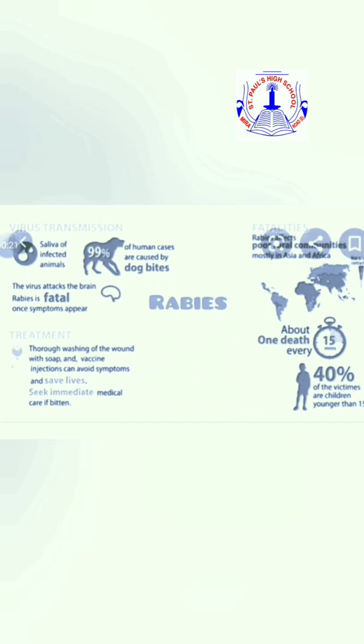The virus attacks the brain. Rabies is fatal once symptoms appear. Treatment: thorough washing of the wounds with soap and vaccine injection can avoid symptoms and save lives. Seek immediate medical care if bitten.